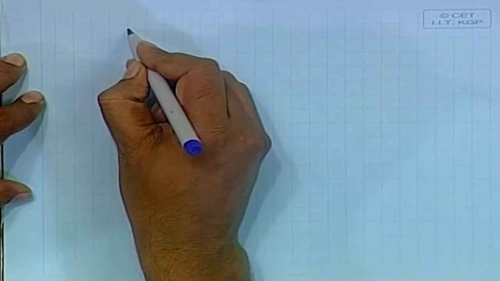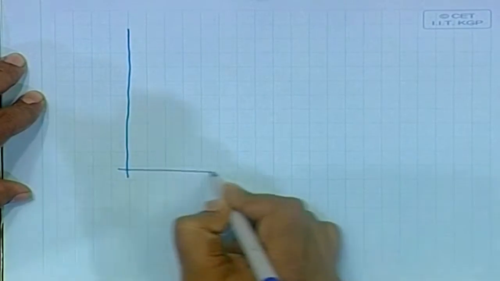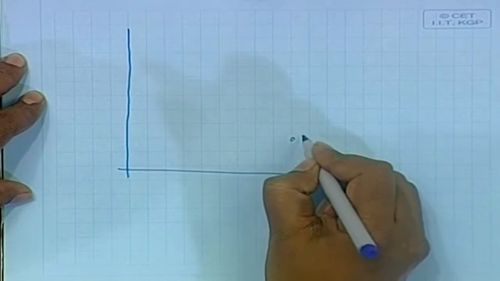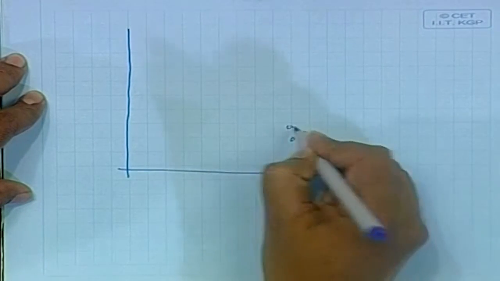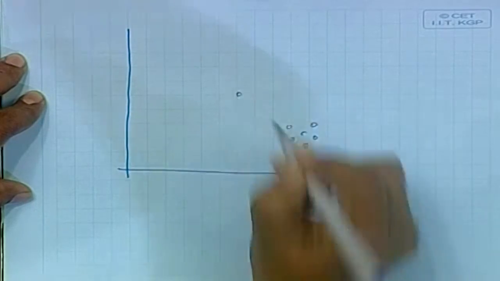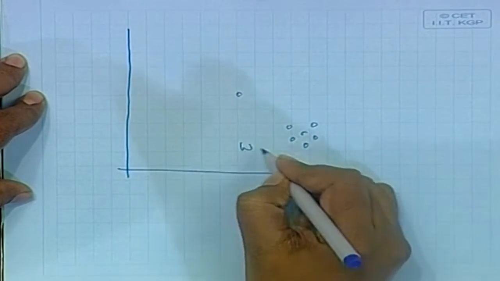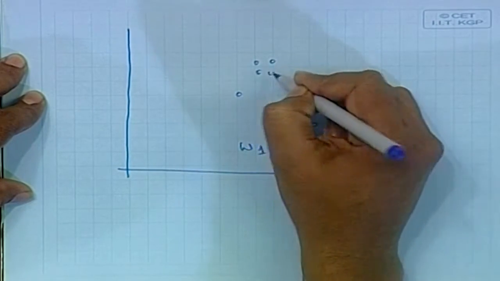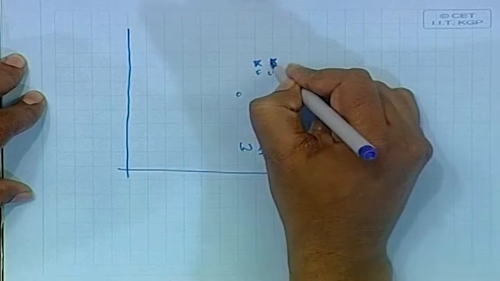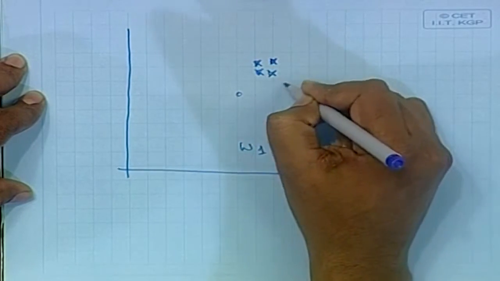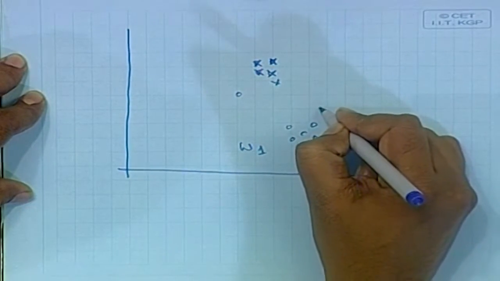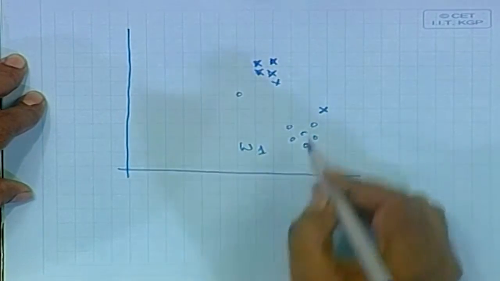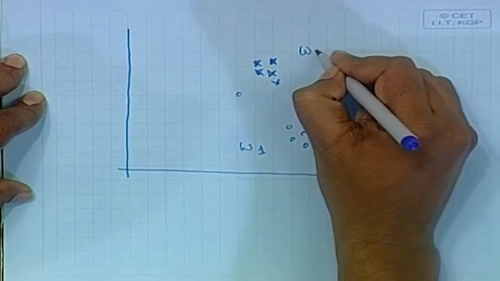So, I can have a situation something like this, that even if I have the samples belonging to two classes which are given like this, suppose this is a set of samples which actually belongs to say class omega 1, and I can have a set of samples over here, let me use a different symbol, something like this, where these samples actually belong to class omega 2.